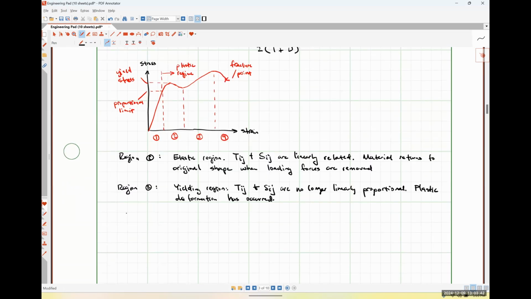In region 3, we have a stress hardening region.